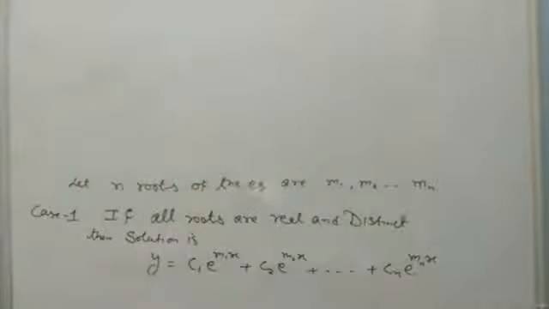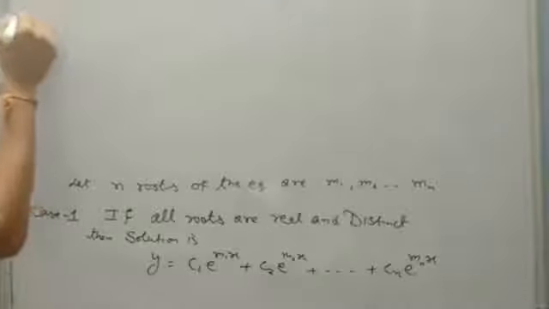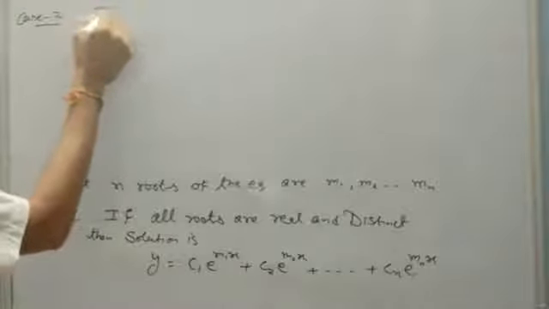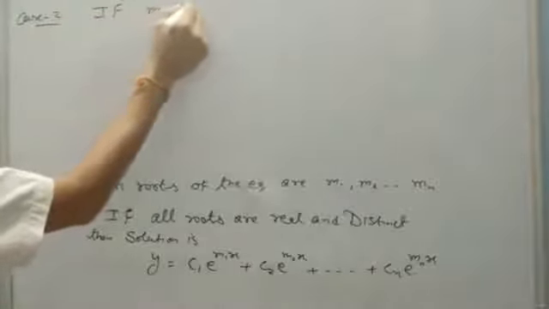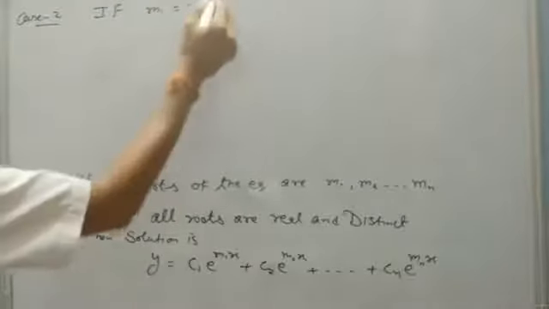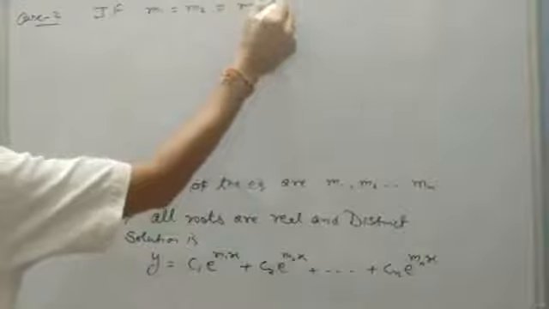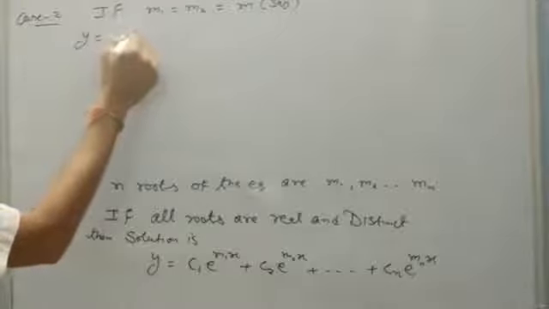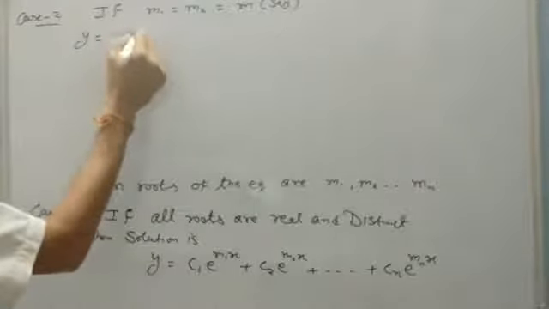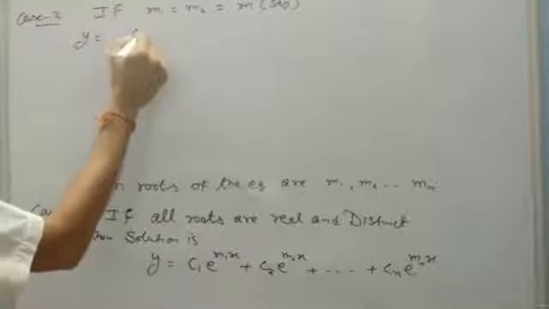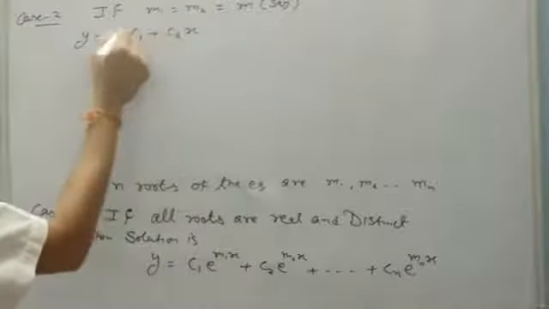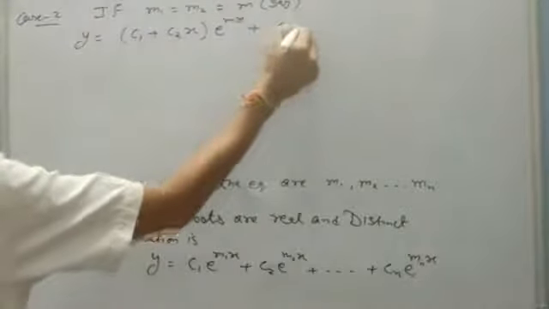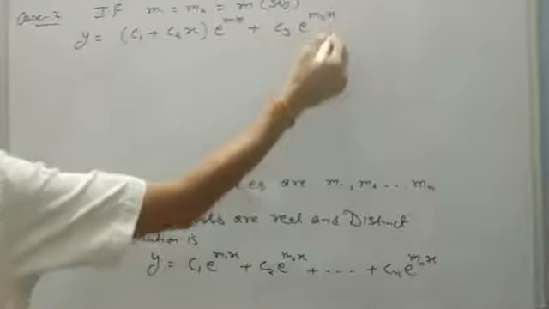Case number 2: if m1 is equal to m2, say m, then the solution is y equals e to the power mx times c1 plus c2x, plus c3 e to the power m3x and so on.